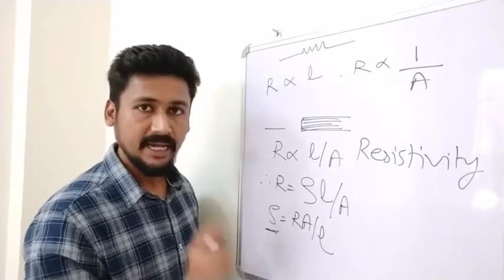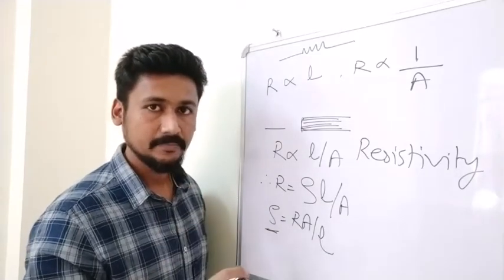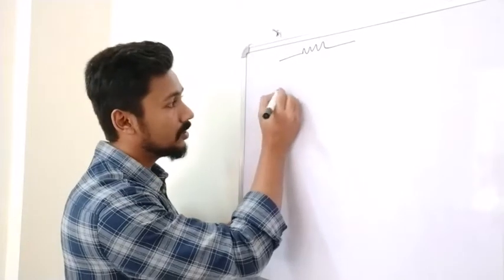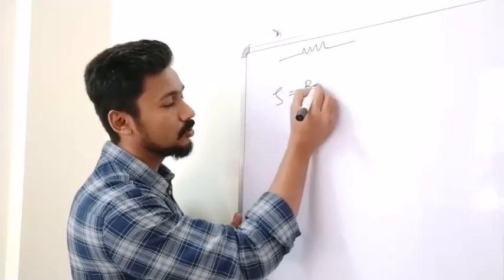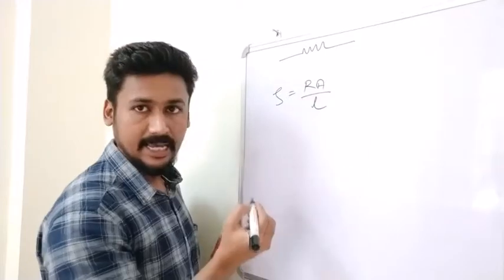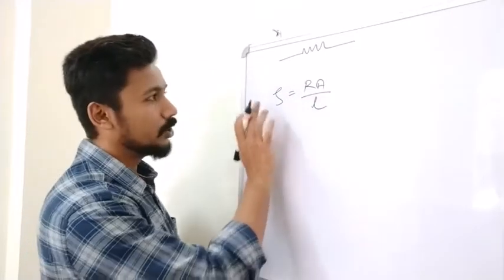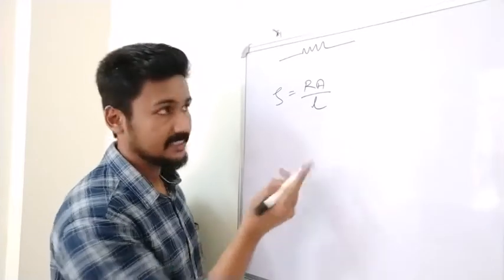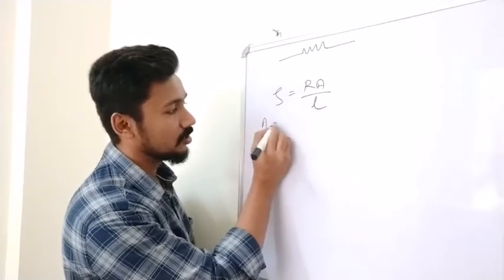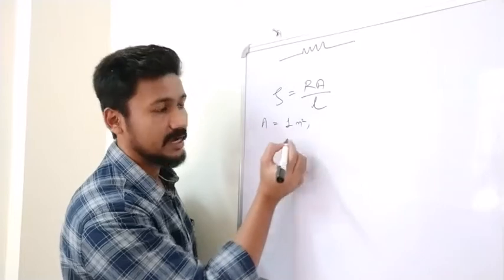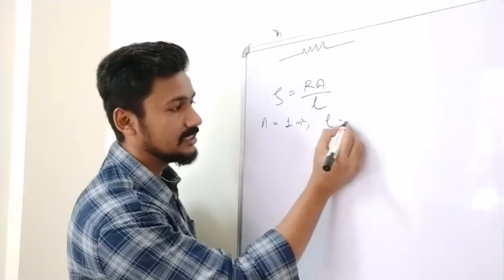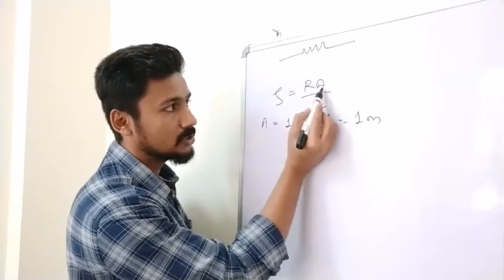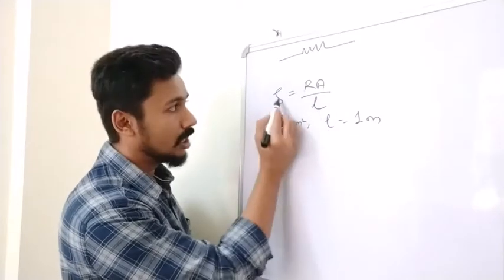Now what is meant by resistivity? Let us see. So we got the formula for resistivity as rho equal to RA upon L. Now we want to have some kind of value for this. So let us assume that we have a resistor where the area of cross section is 1 meter square and the length is 1 meter. So A is 1, L is 1. So how much will rho be?